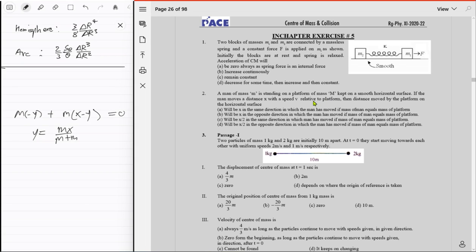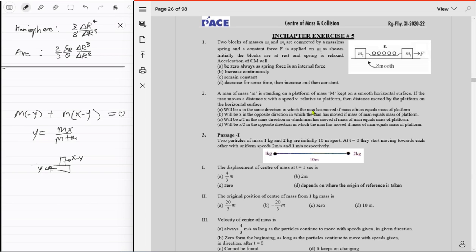Man moves a distance x with speed v relative to the platform. Relative to the platform, that's important, right? So it's going to be x minus y. In reality, of course, it moves by y towards left. So what I'm imagining is the platform moves by y towards left, and then the guy actually moves towards right by x minus y.